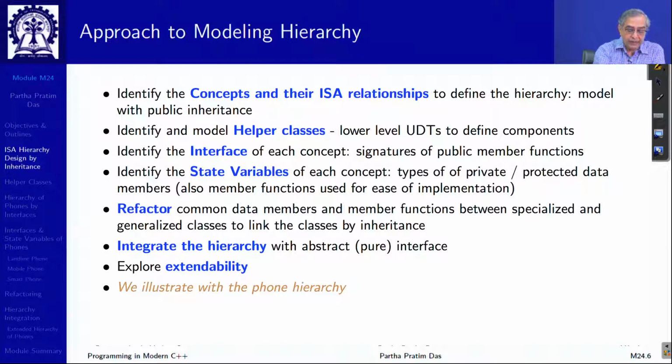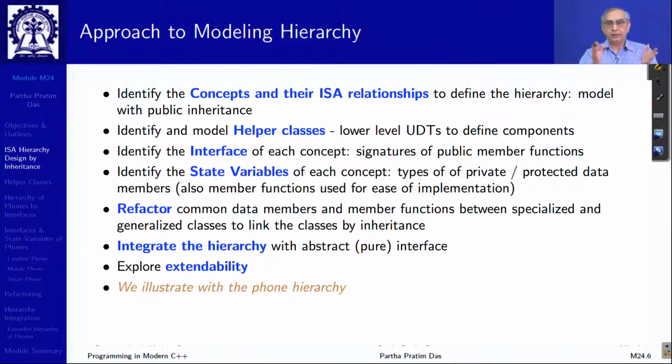So, the key of this design is identifying the concepts and their ISA relationship to define the hierarchy, right. Because it is that real world. This is something which you will have to capture from the real world, understanding what is happening in the real world and seeing what are the different concepts which are on one side kind of similar, kind of related, but at the same time they are not the same.